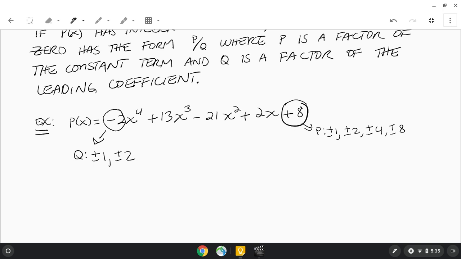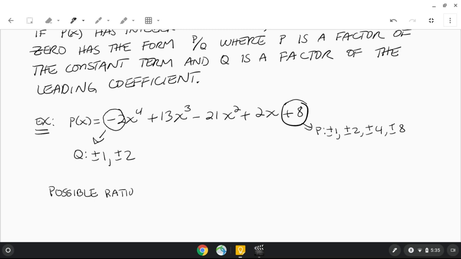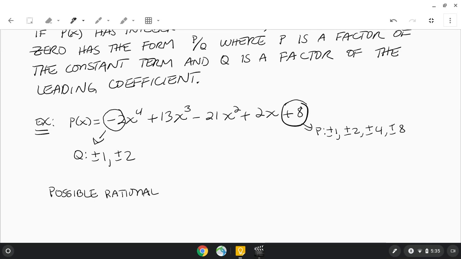Then now I can make my list of possible rational zeros by putting all the different combinations of P over Q.